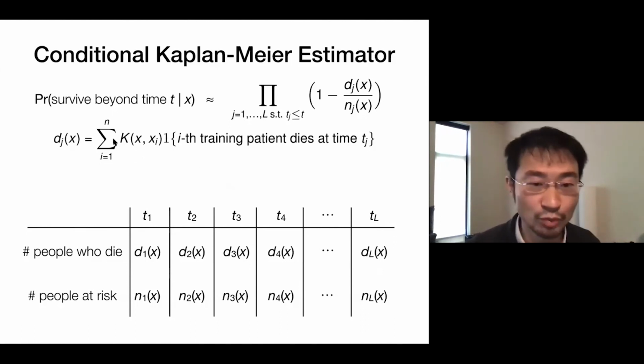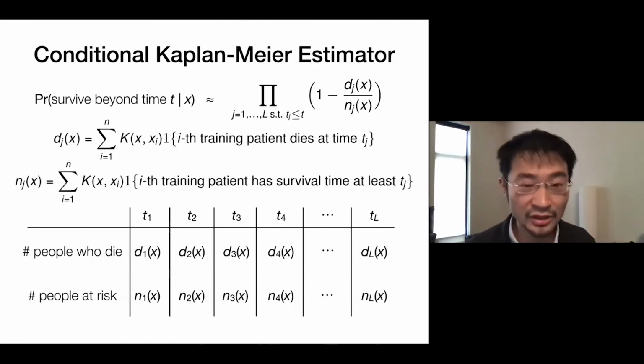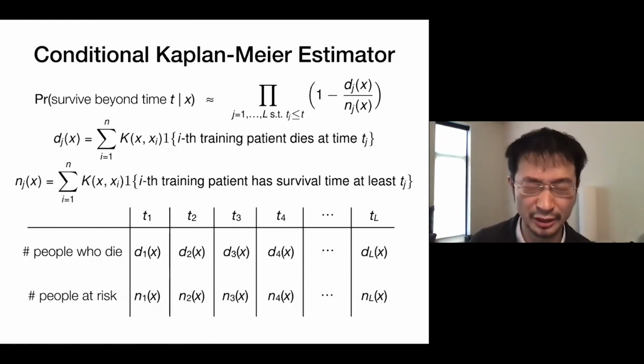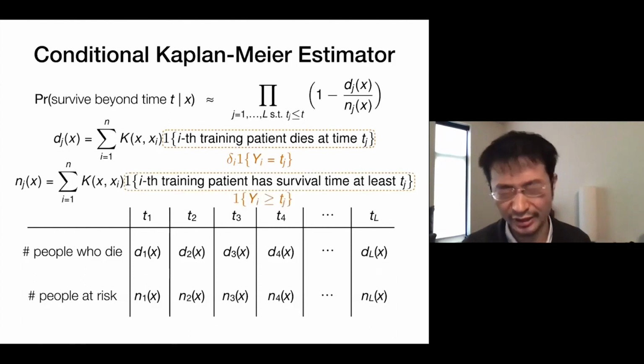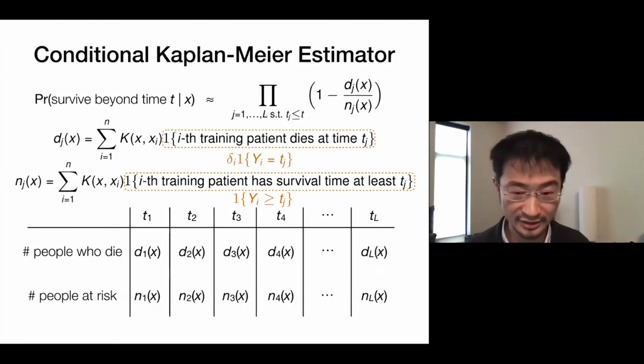And of course, the smallest weight is going to be a kernel value of 0, meaning no contribution. And then nj, the number of people at risk, is similar. Again, we're now weighting each training subject by how close that training subject is to the test subject. And in case you're wondering, I can write these in terms of the deltas and y's you saw earlier. But in any case, this is the basic idea.